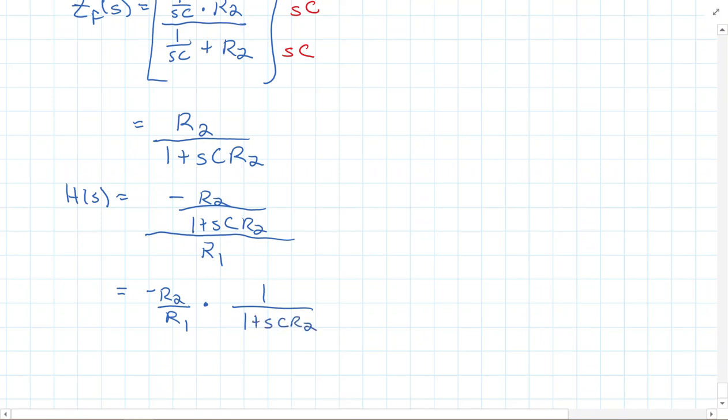But remembering that we don't really like to have this written as S times something, what I'm going to do is multiply both the numerator and denominator by 1 over CR2.